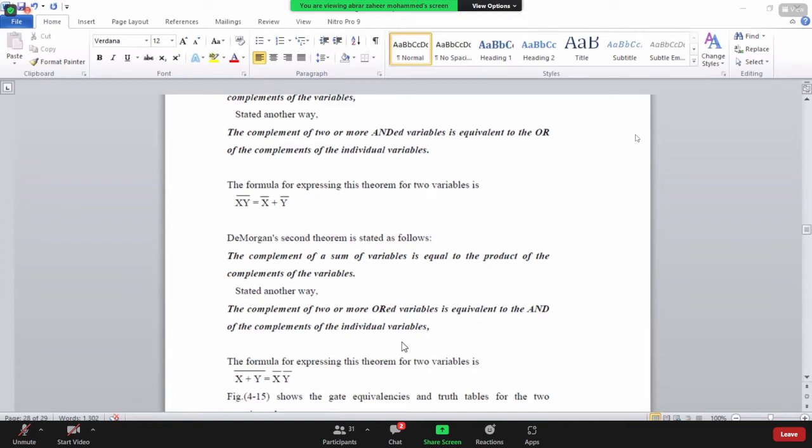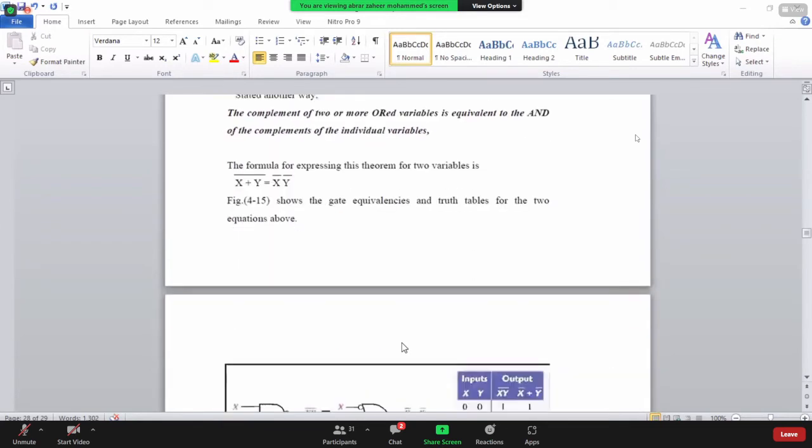It can be stated as the complement of two or more ORed variables is equal to the AND of the complements of the individual variables. First is xy bar is equal to x bar plus y bar, and second is x plus y the whole bar is equal to x bar dot y bar. These are the two De Morgan's theorems.